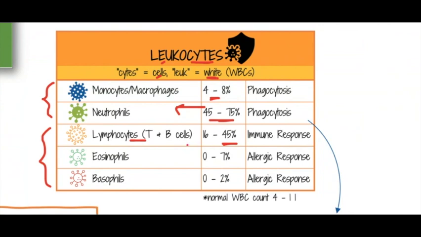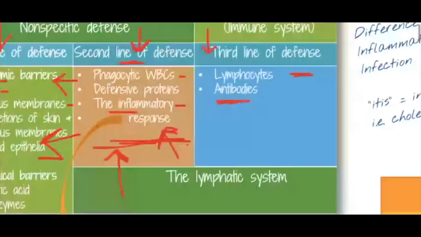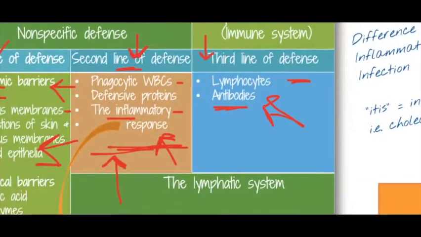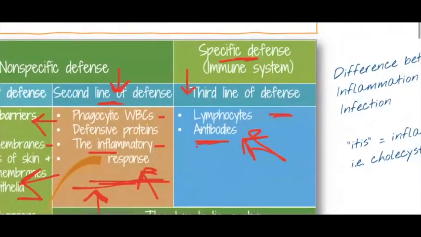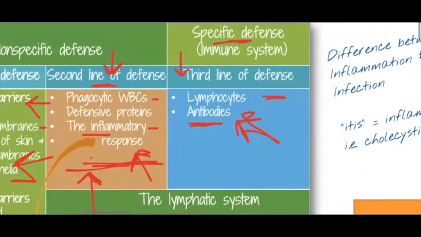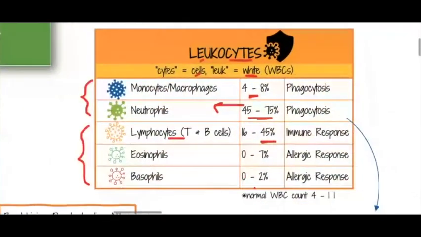They're playing a role here in this third line of defense, this specific line of defense. So in terms of the cellular response here, they're not involved. We're really focusing on the monocytes, macrophages, and neutrophils. Same with the eosinophils and basophils.